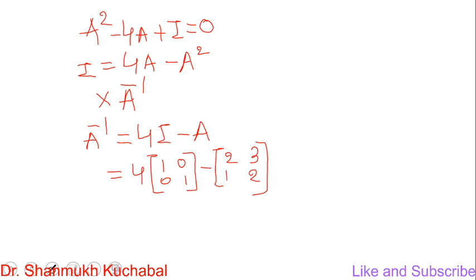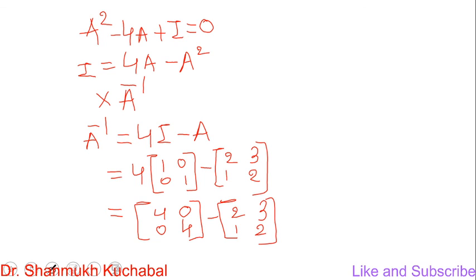Then 4 is multiplied with the first matrix, so we get 4 0 0 4. Then we get next 2 3 1 2. Then simplifying this we get 2 minus 3 minus 1 and 2. This is our A inverse.